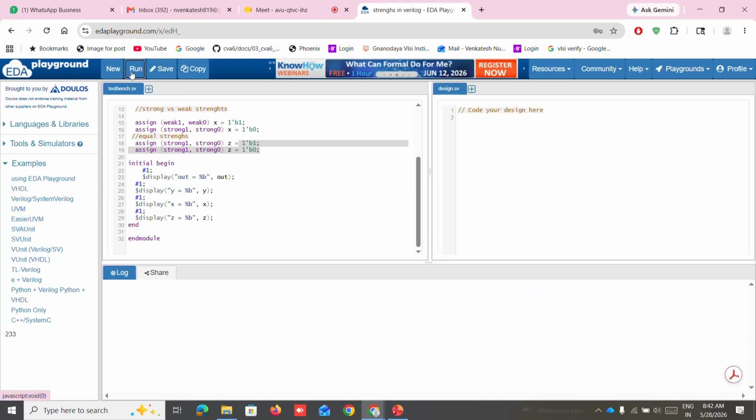I am running the output: y, x, z. What outputs are we expecting here? Is that running?